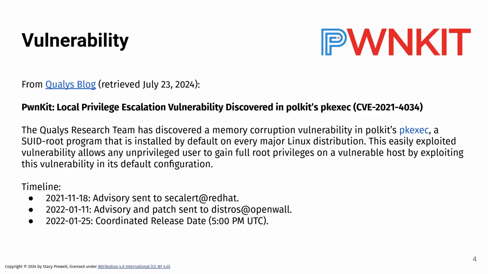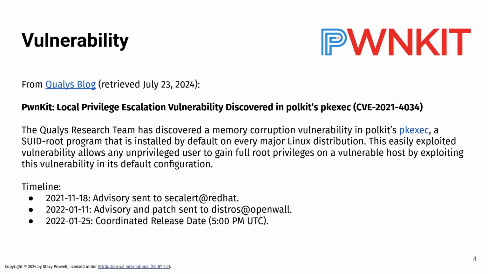Qualys found a vulnerability in this, and they named it PwnKit. So here's what they said. They discovered a memory corruption vulnerability in pkexec, a setuid program that is installed by default on every major Linux distribution.